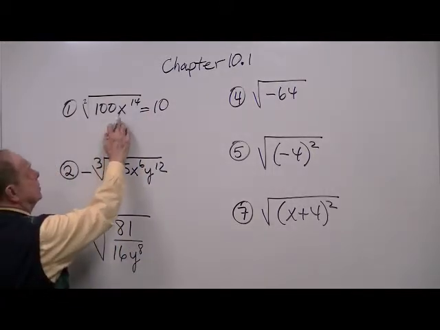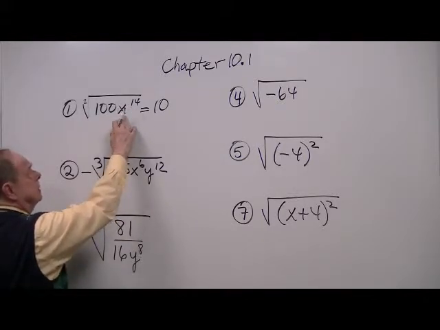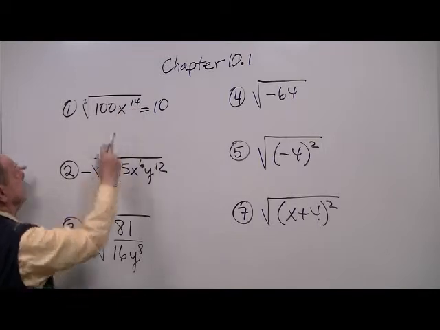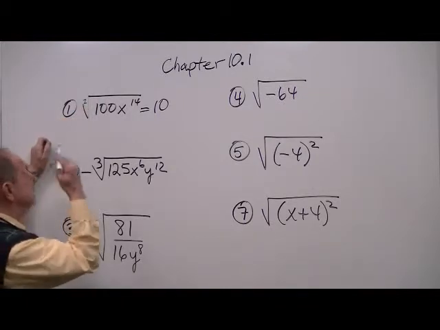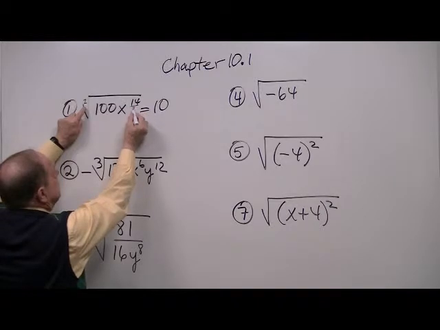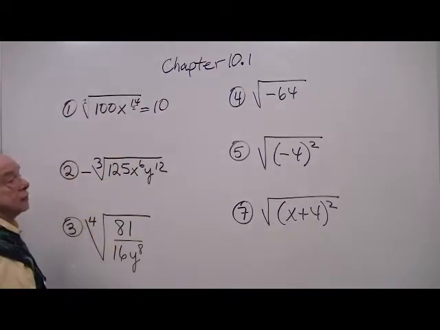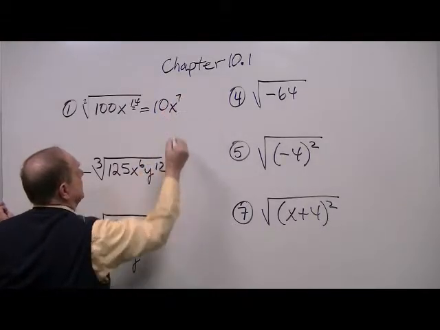Now, when we are asked to take the square root of a variable with an exponent, and you remember the index number is 2, a way to do it is take this 2 and divide it into 14. And you get x to the 7th.